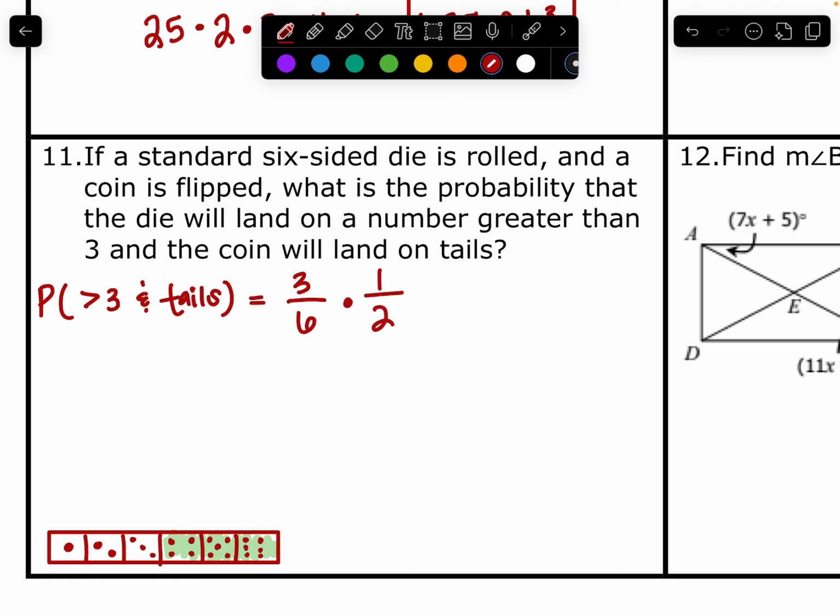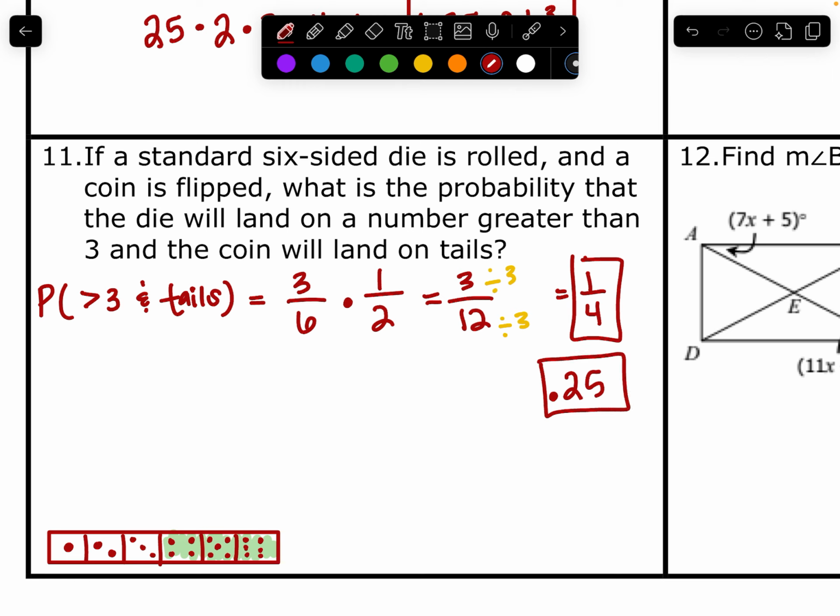So that's 1/2, 1 tails out of 2 sides altogether. And then we're just going to multiply. So 3 times 1, 6 times 2, and then we can simplify this by dividing by 3. And so we get 1 over 4. That's the fraction. We could write it as a decimal, or we could write it as a percent.